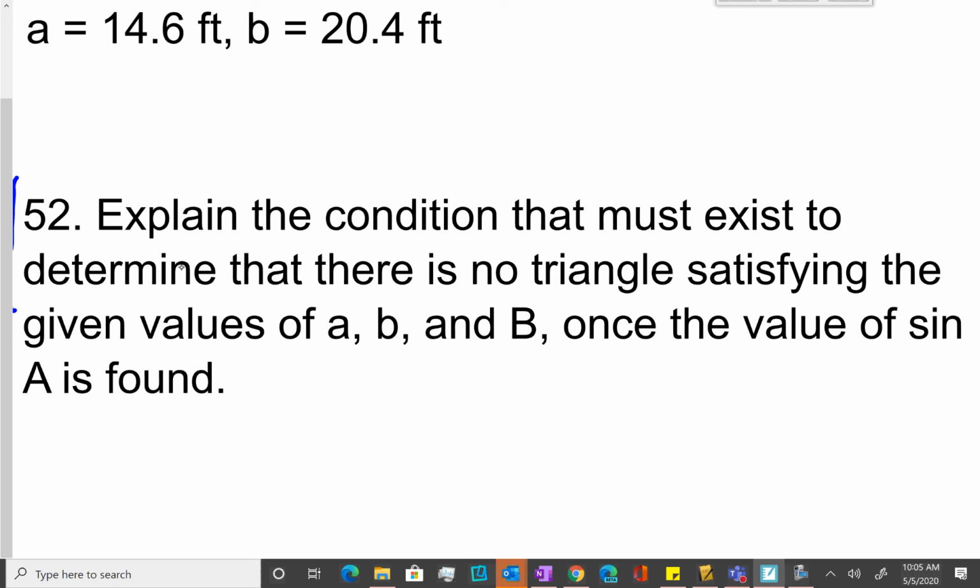You're not going to have a triangle at all if, whatever angle you're given, say some angle A, and you're given side A, if side A is not long enough to connect to side C, here's angle C, here's side C, if it's not long enough to connect, then we're not going to have a triangle, right?